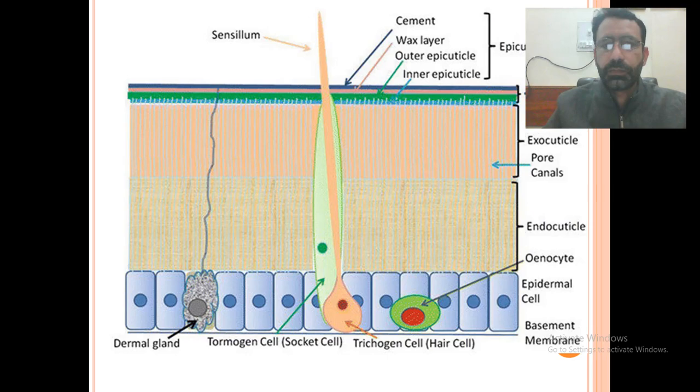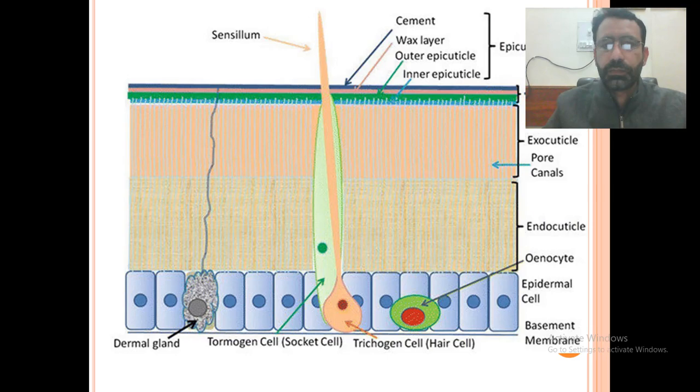The most active and most important layer of the integument during the molting process is the epidermal layer, because the regeneration of cuticular layers takes place due to different dermal gland activities and different cell activities present in the epidermal layer, the epidermis.